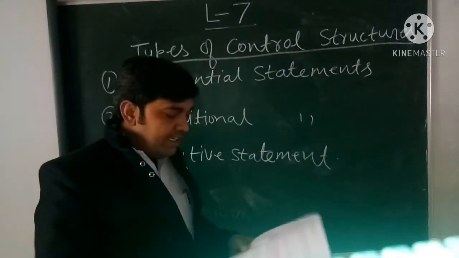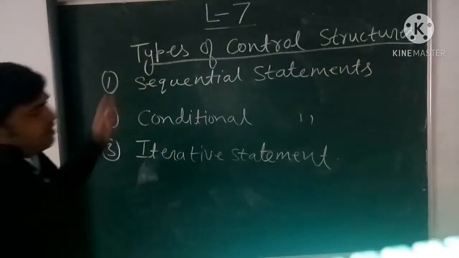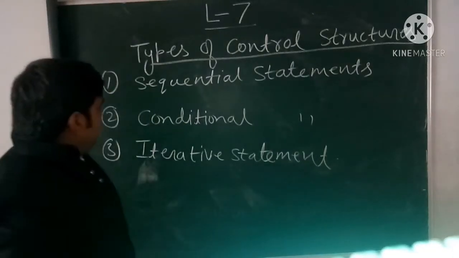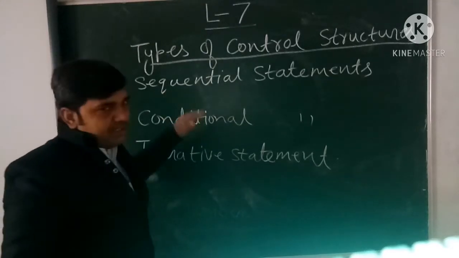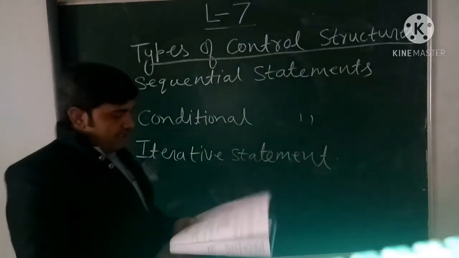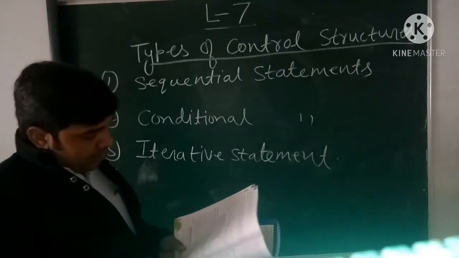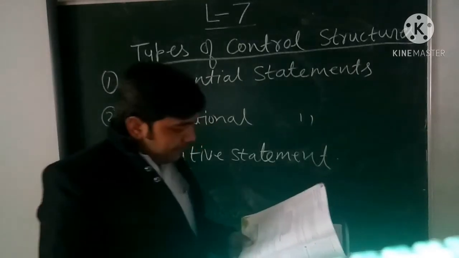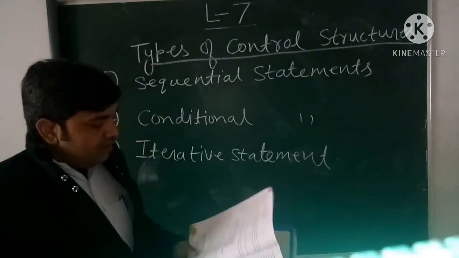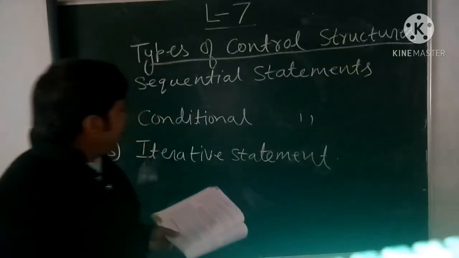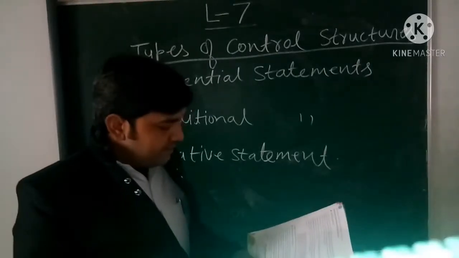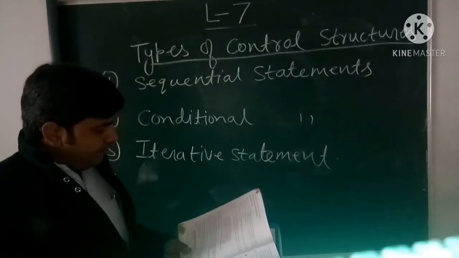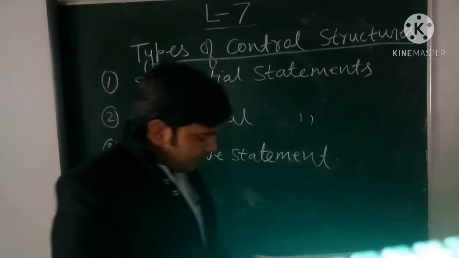So the statements are generally executed in a sequential manner. In Python, whenever we write a program, the first statement is executed by Python, and after that the second statement, then the third statement. That is called the sequential execution. Now, sometimes we want to skip a certain part of the code of the program. In that case, we use the control statements.